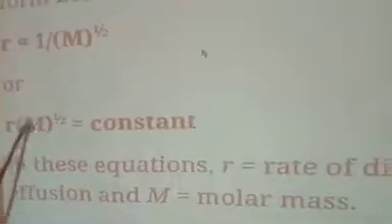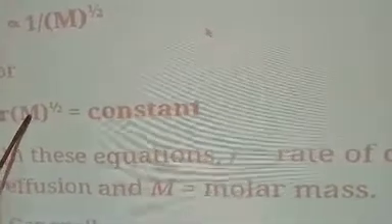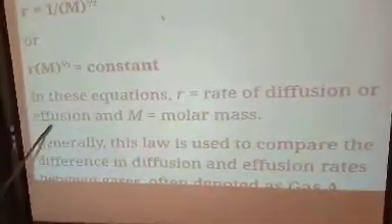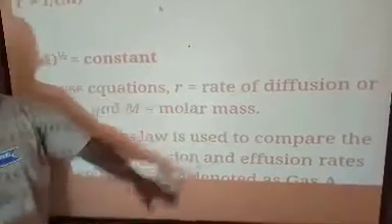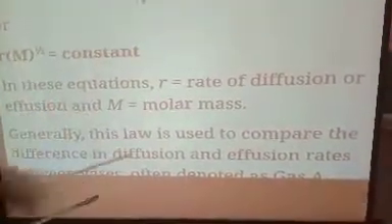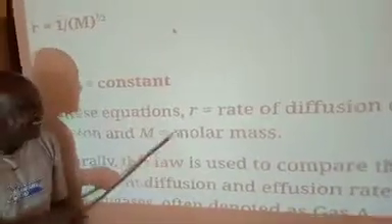So my constant value gives me the rate of diffusion multiplied by the square root of the molar mass of the gas in question, the rate at which that gas is diffusing. Now look at this. In this equation, R is equal to the rate of diffusion and effusion, and M is the molar mass. Now remember what I said here. If you talk about molar mass, you are considering the gas or the gases that are diffusing at that particular point in time.